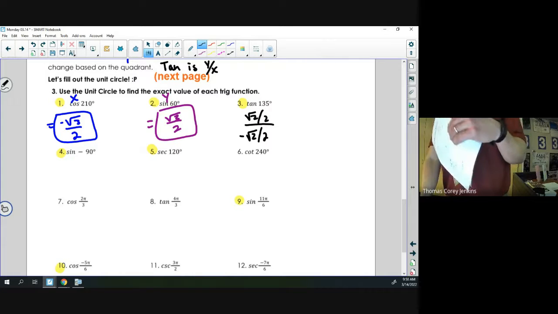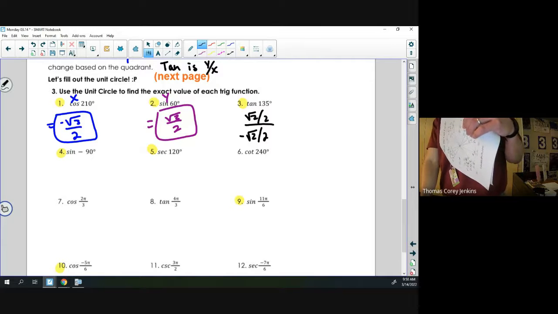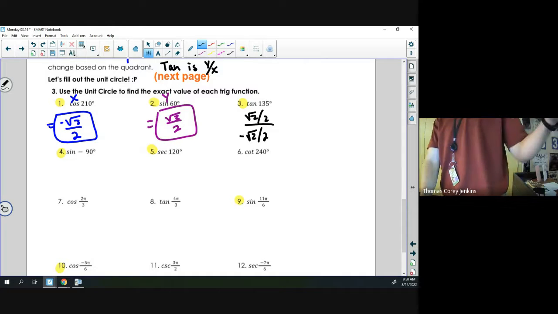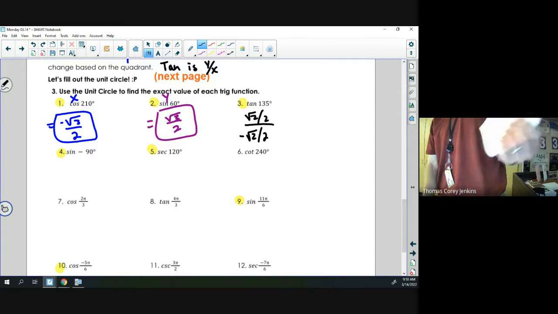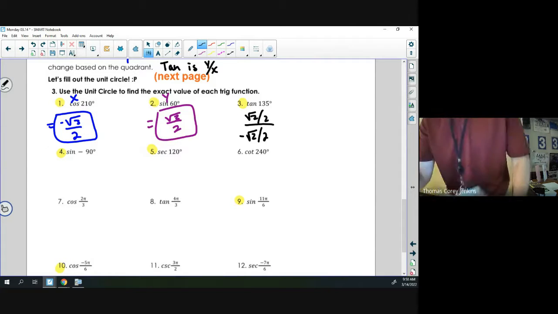It's not as complicated as it looks. You can always set that up as the square root of 2 over 2 times negative 2 over the square root of 2. But make it simple when you can. Square root of 2 over square root of 2, anything over itself is 1, so this would just be negative 1.